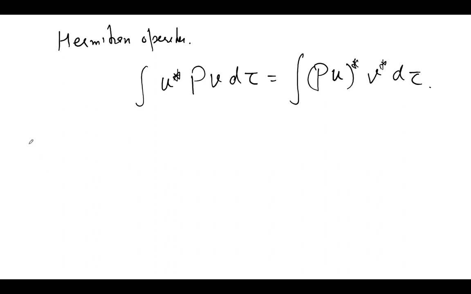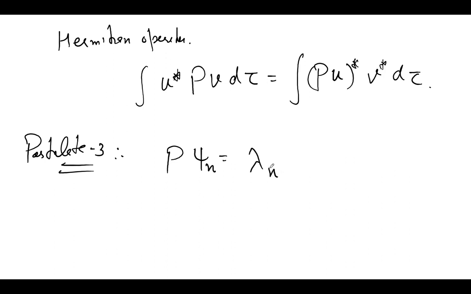Postulate number 3 is the only possible values which a measurement of the observable whose operator is p can yield are the eigenvalues. If I apply this operator to a wave function psi n, it gives the eigenvalue times that function, psi n. Here p is our operator, psi is our function, and lambda n are generally known as the eigenvalues.